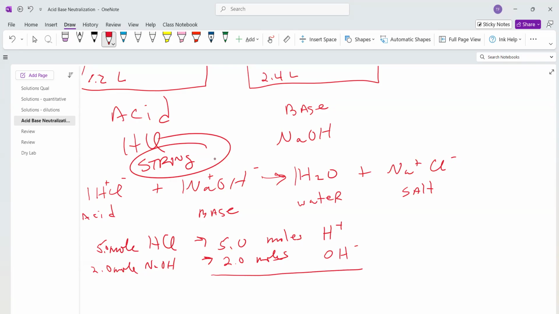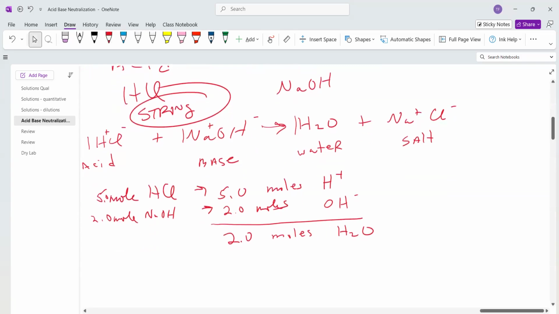So how many moles of water do we form? Start with 5 H's and 2 OH's. 2. Okay, this is like our limiting reactant problem from the last unit. We're not done yet.